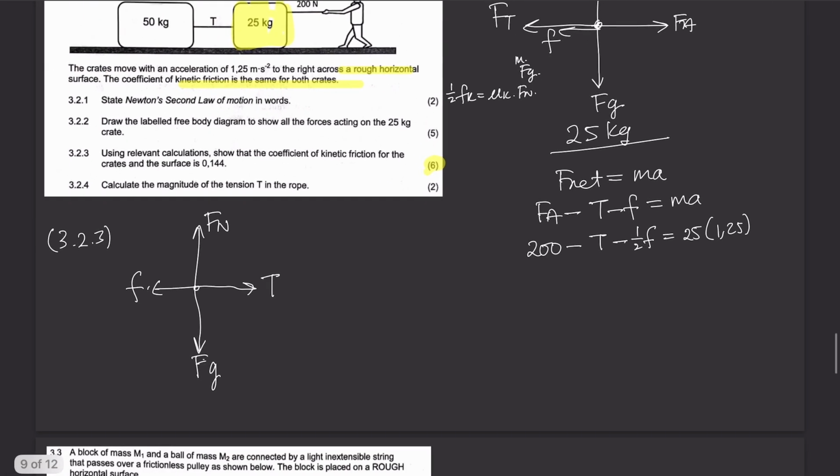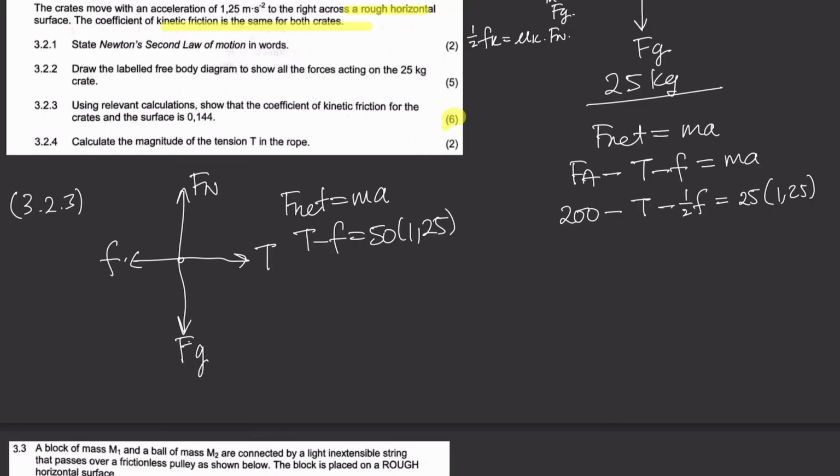And for the 50 kilogram block, we'll apply the same thing. F net equal ma. T minus F equals 50 times 1,25. Now it's clear that there's 2 unknowns, and so we'll need to do simultaneous equations. Let's solve in terms of T. You're going to get T equals 50 times 1,25 plus F. Now we can substitute this into the equation on the right hand side.